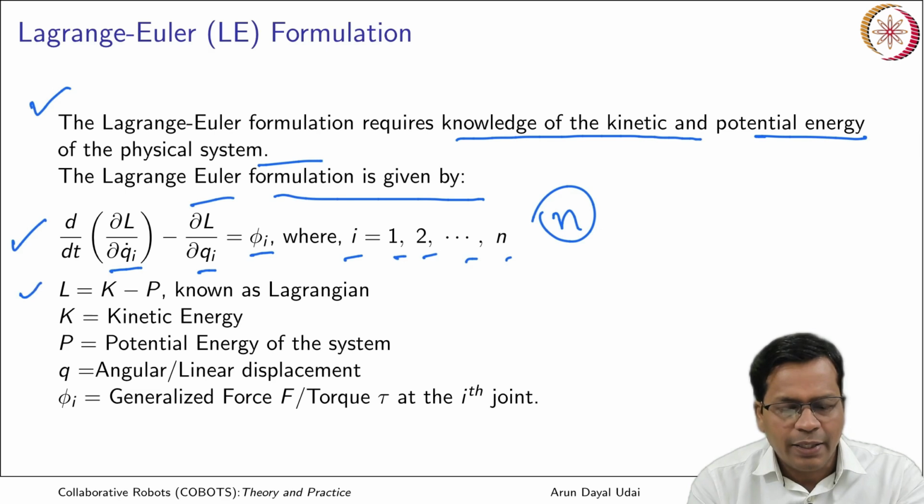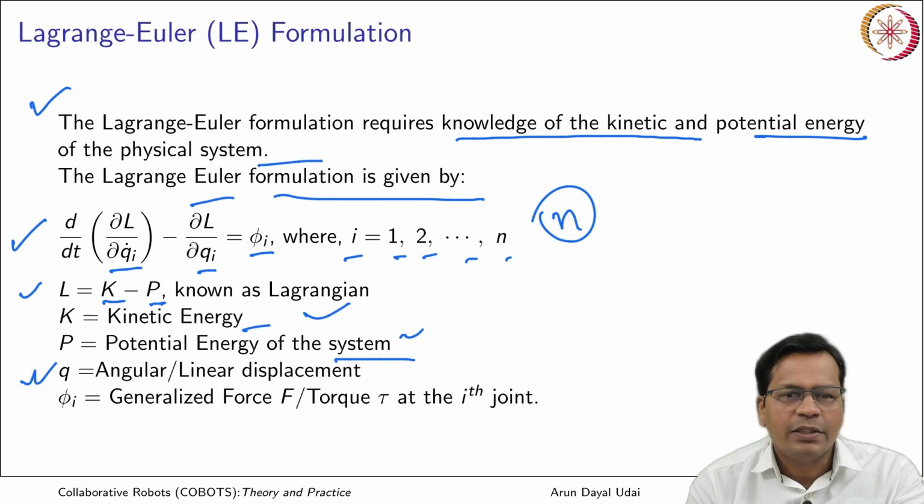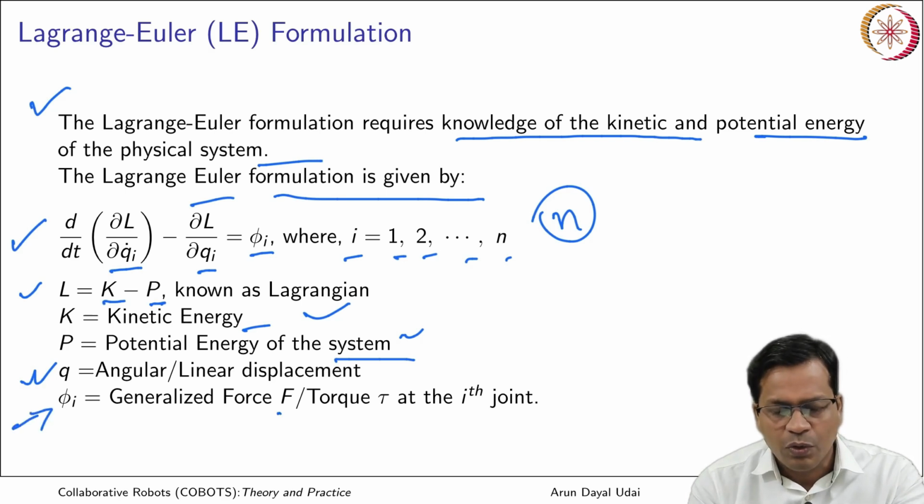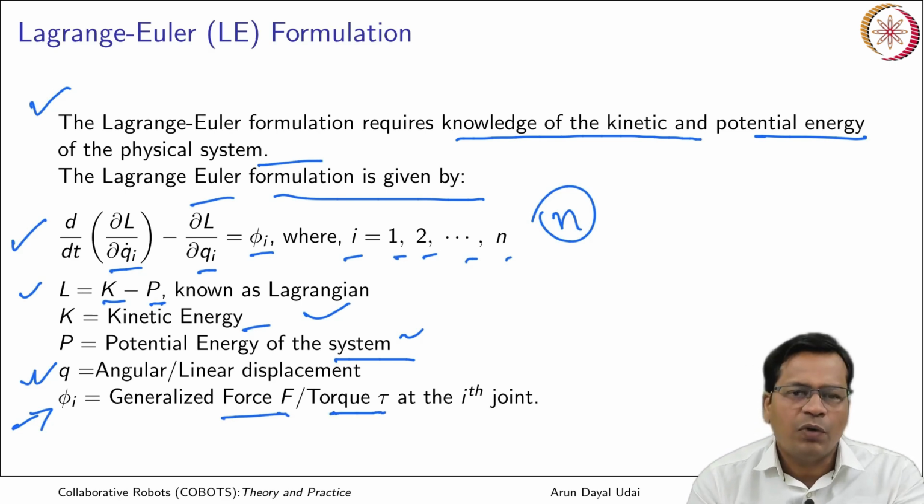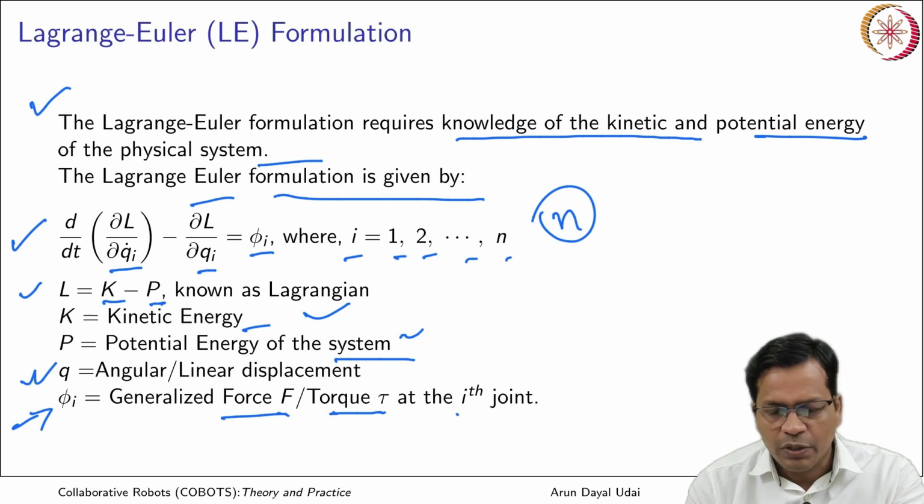L is kinetic energy K minus P, that is potential energy of the system. Here it is the system. And q is the angular or linear displacement, and φ is the generalized force in case of a prismatic joint, and torque τ in case of revolute joints, for the ith joint.